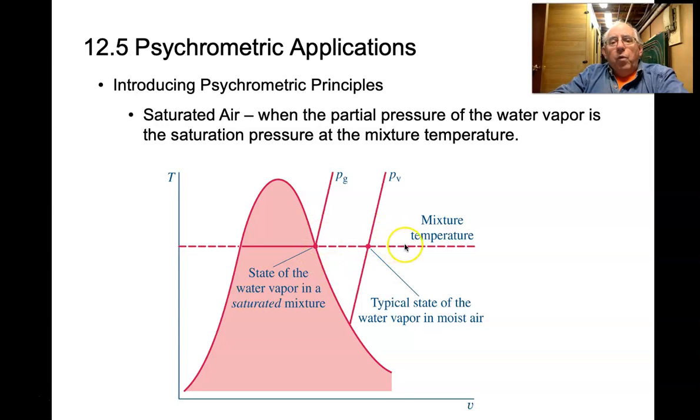As we move away, it's less and less relative humidity. As this number approaches the dome, we go to a state of 100% relative humidity.